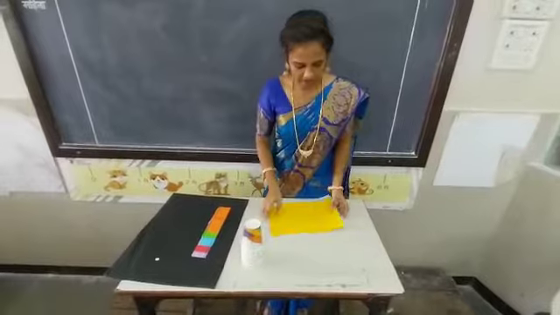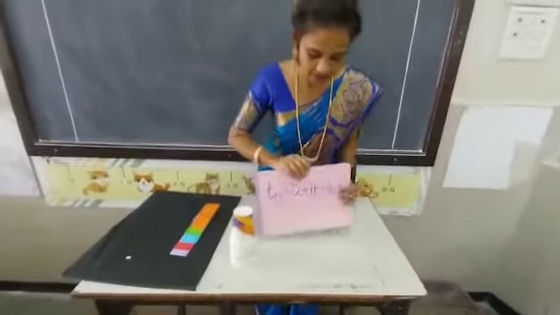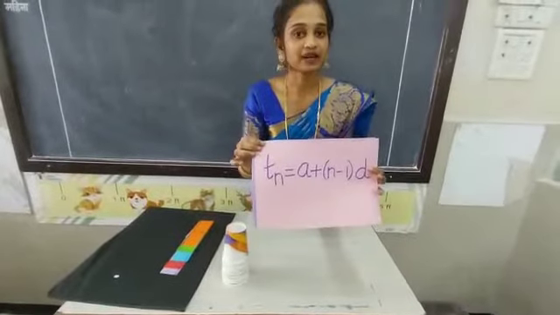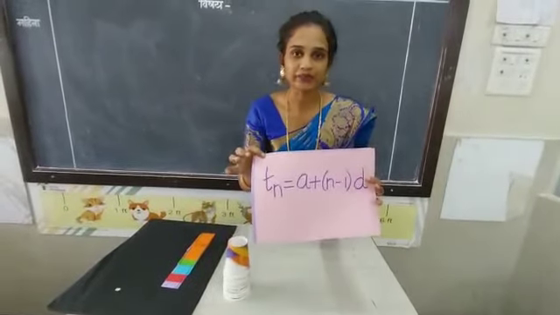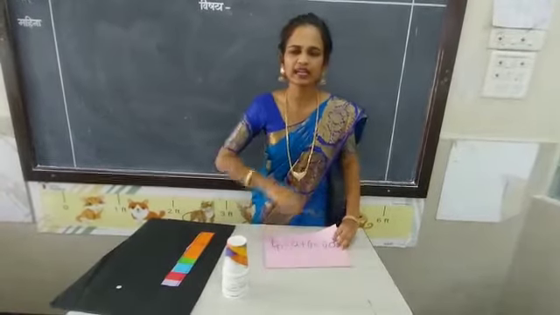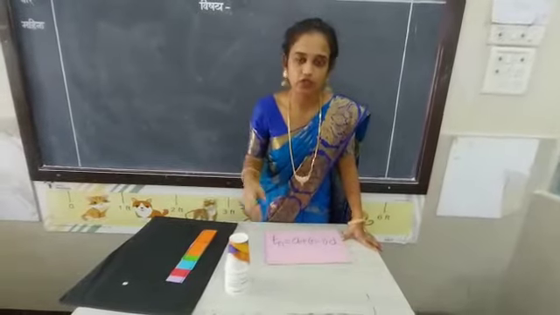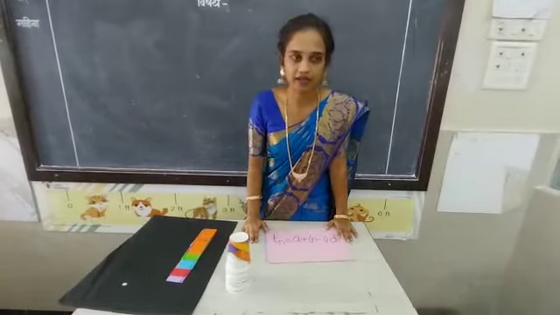So in general, I can say that Tn can be written as A plus n minus 1 into D. This formula can be used to find any nth term in your AP. So using this formula, we can find our Tn.